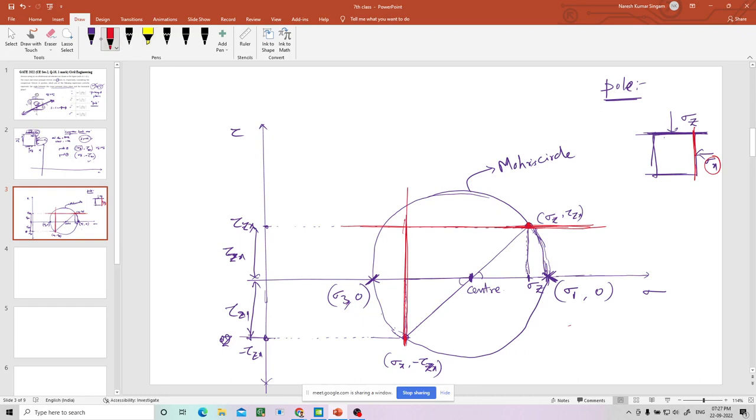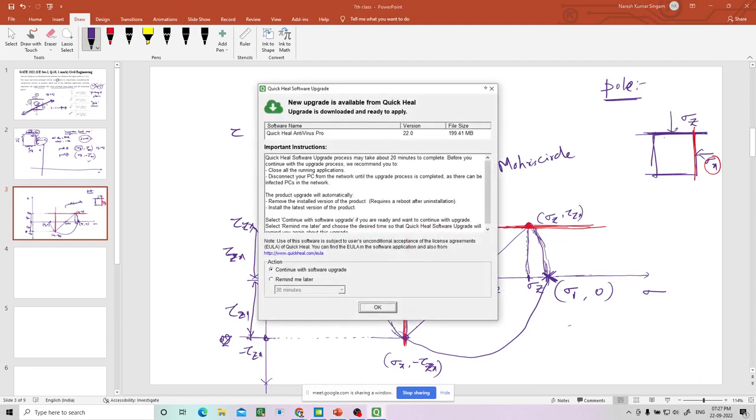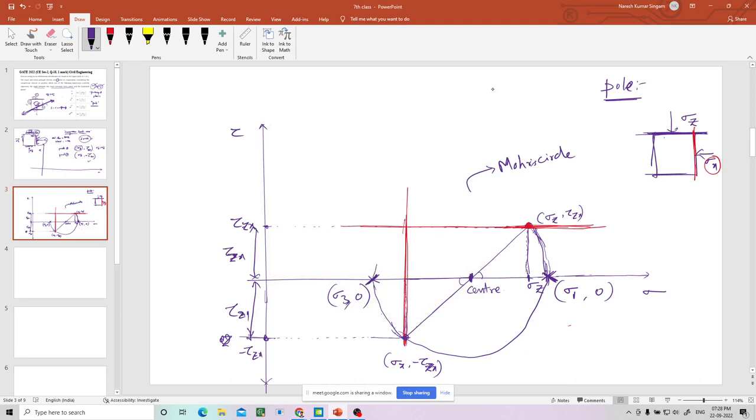Let me erase this first. Actually the circle does not look like this, it should pass through this.